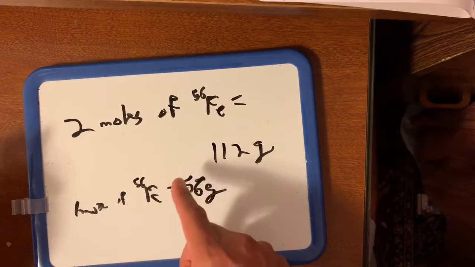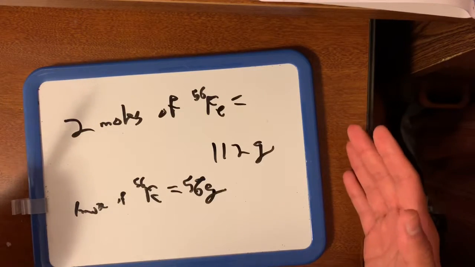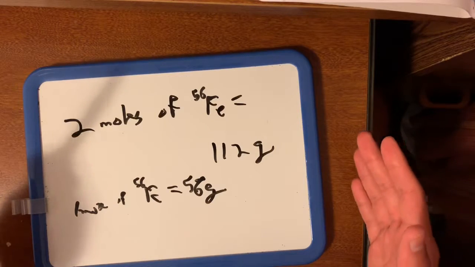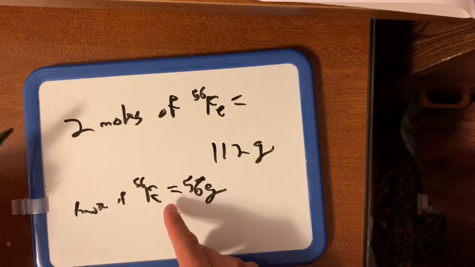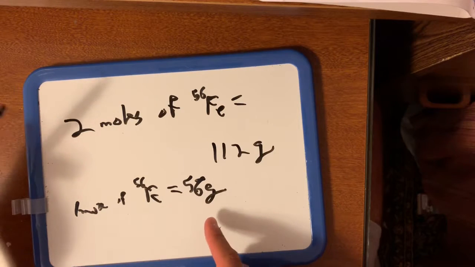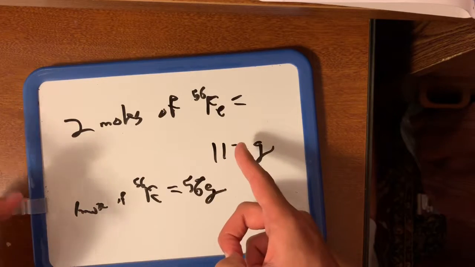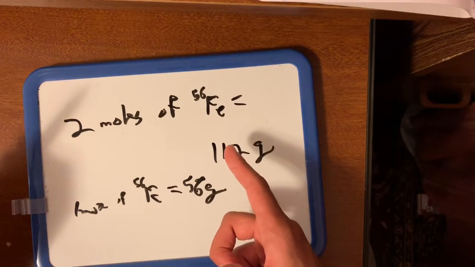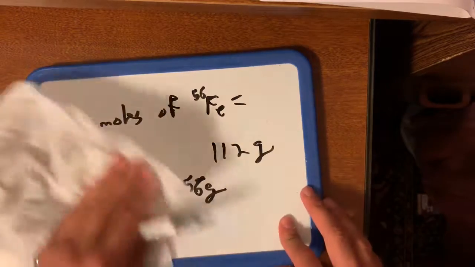If you had 1 dozen donuts, you would have 12 donuts. If you had 2 dozen donuts, you would have 24 donuts. Same here: 1 mole of iron 56 atoms has a mass of 56 grams, and 2 moles of iron 56 atoms have a mass of 112 grams.